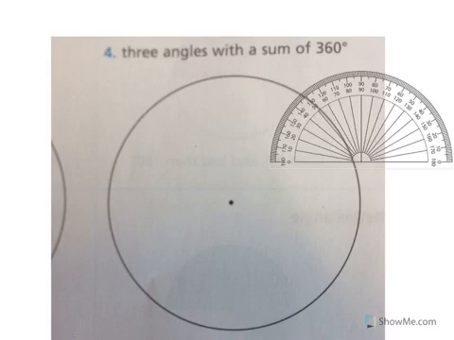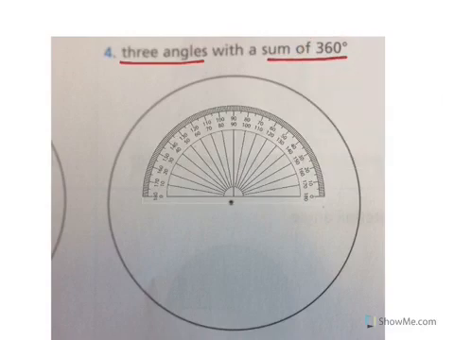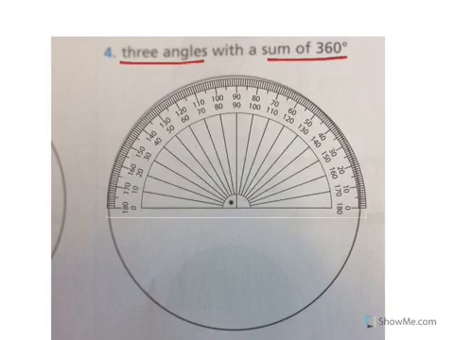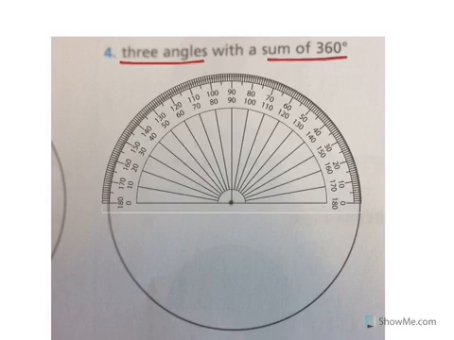Okay, now this one's a little more complicated. We need to make 3 angles with a sum of 360 degrees. So when I add all of my angles up, it has to equal 360. So we could just start with my vertex, maybe 130. So I could draw my obtuse angle. Just connect those. So it would be 130.